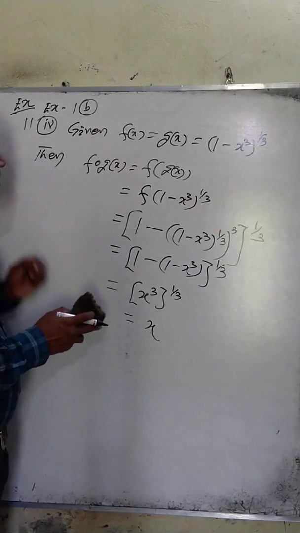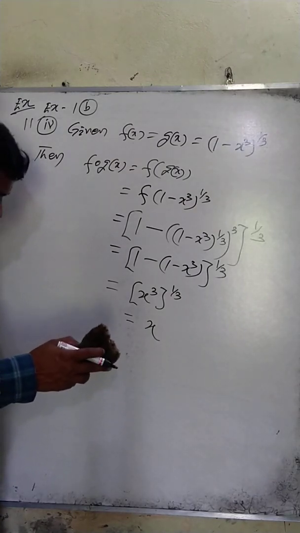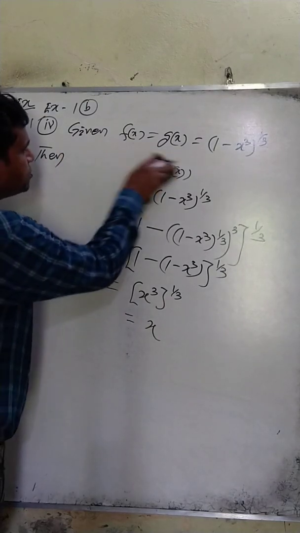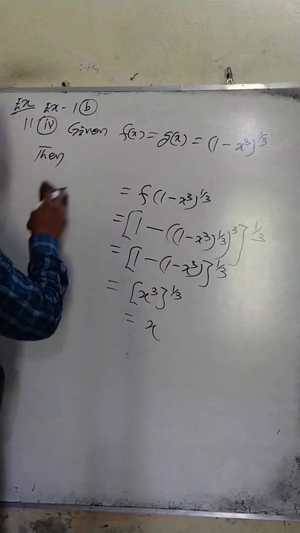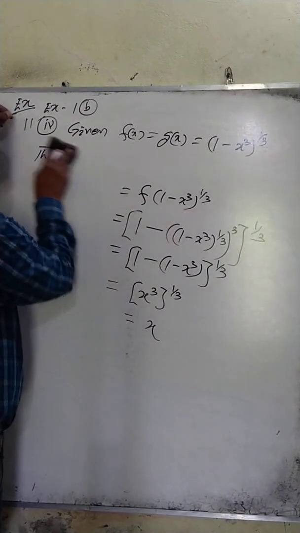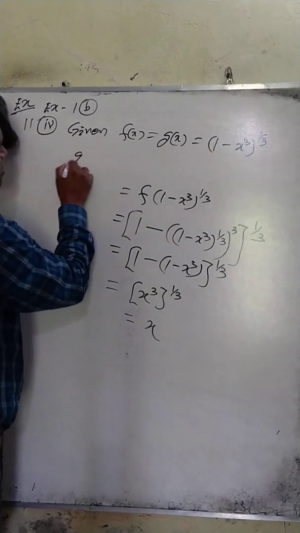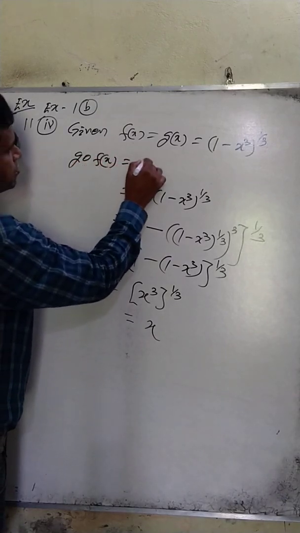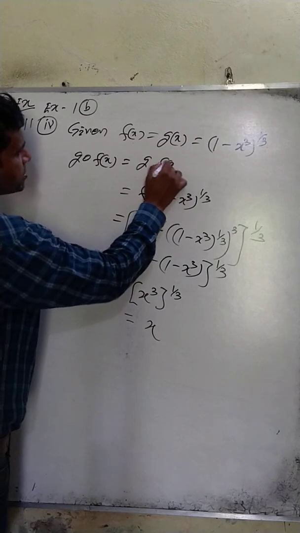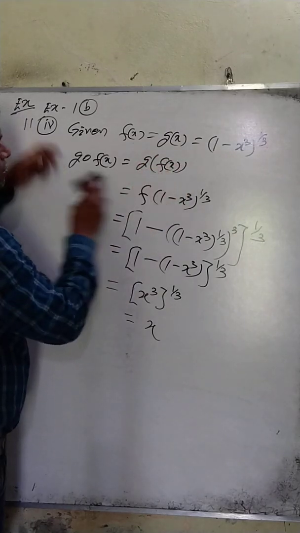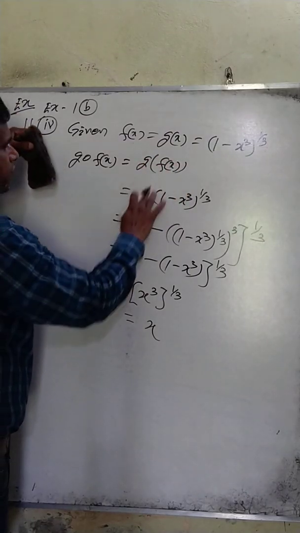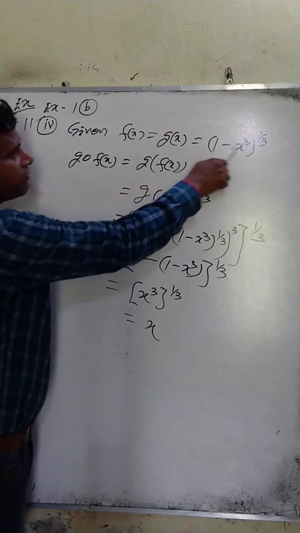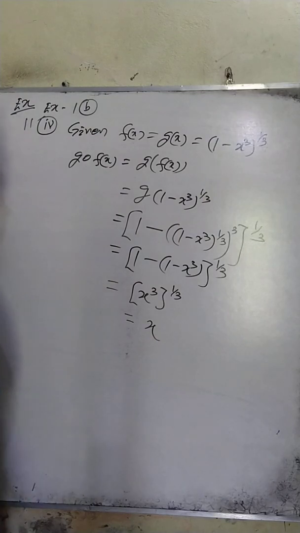Similarly, we find g composite f of x, which is equal to g of f of x. f of x is (1 minus x cube) to the power 1 by 3.